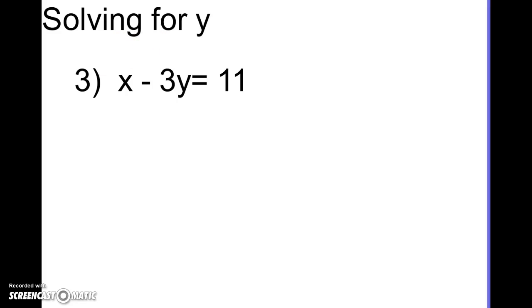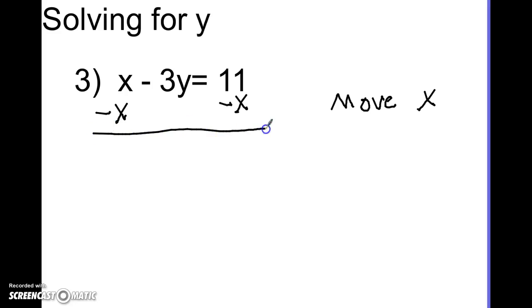Okay, to get rid of the x and the 3, we have to take the inverse of x and put it on both sides. We're moving x to the right. That gets rid of x and leaves negative 3y on the left-hand side. On the right-hand side, we have 11 minus x.